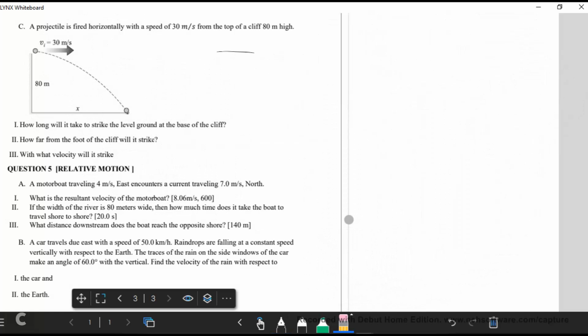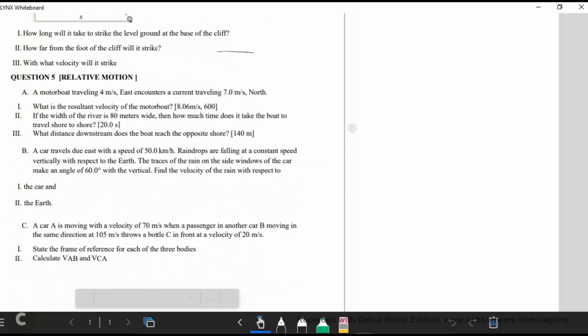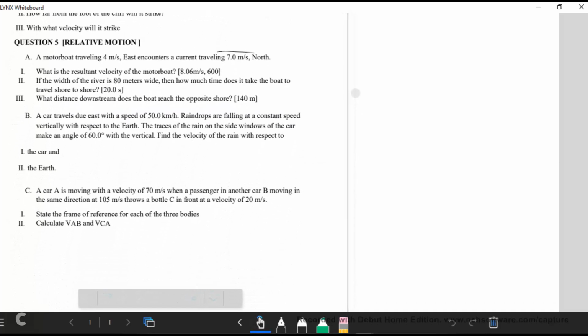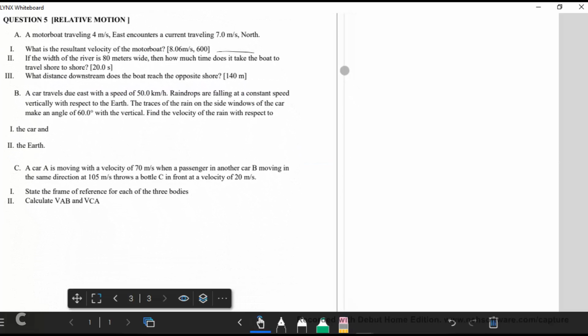So how about question 5 now. Let's start with a motorcycle traveling 4 meters east.